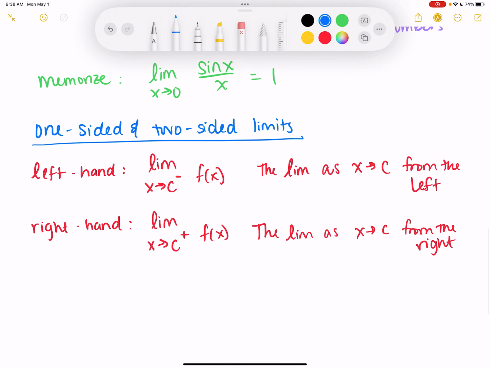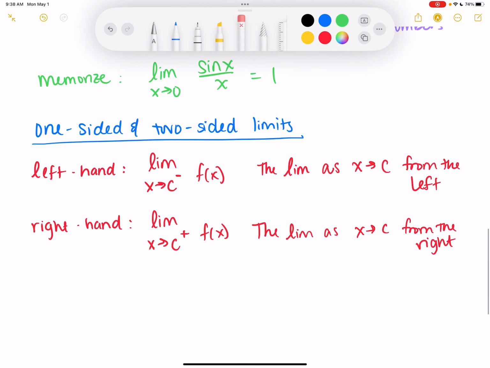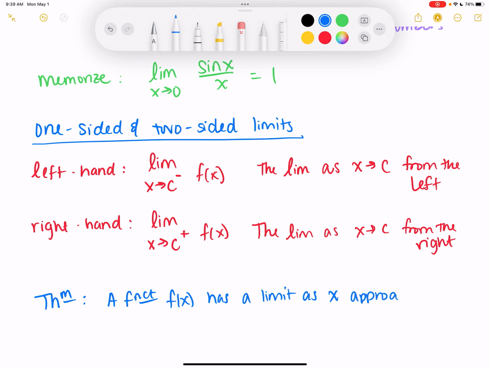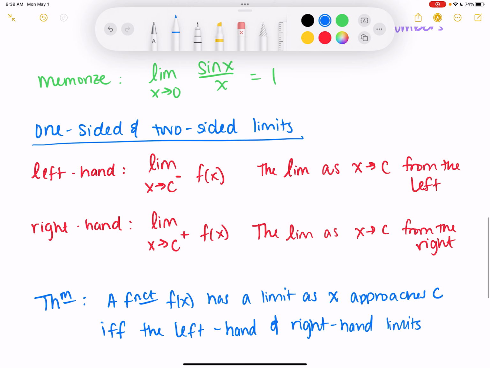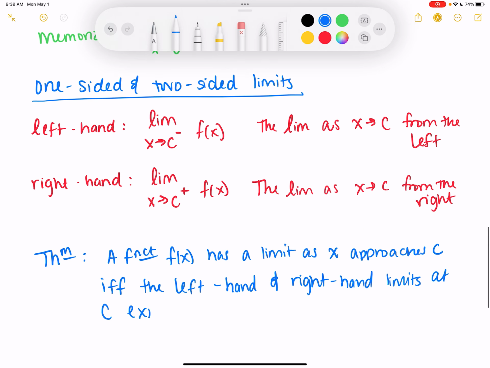All right, so then the theorem that goes with this, the theorem for one-sided and two-sided limits, says a function f of x has a limit as x approaches c if and only if, so remember IFF is if and only if, the left-hand and right-hand limits at c exist and are equal.